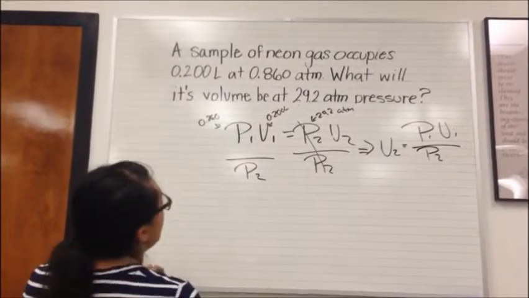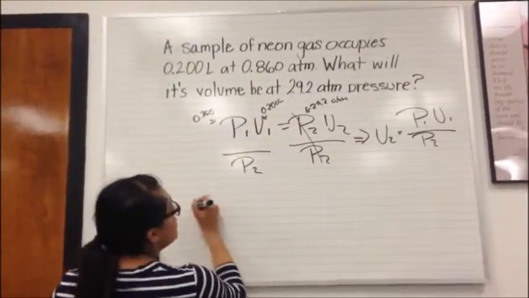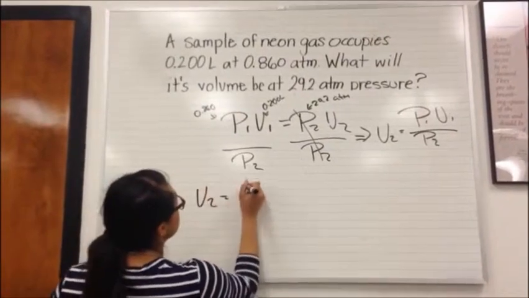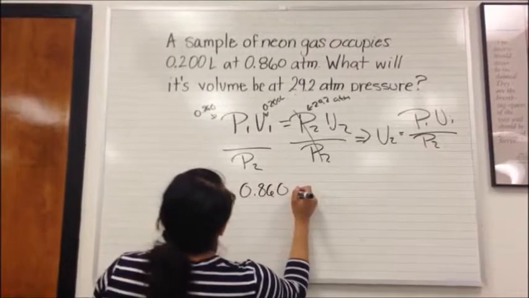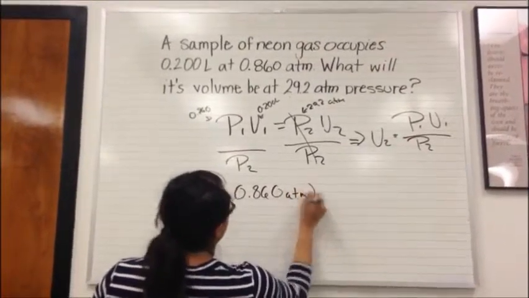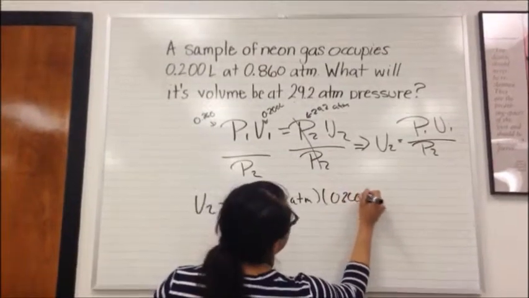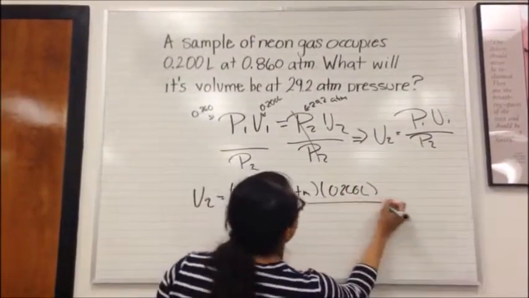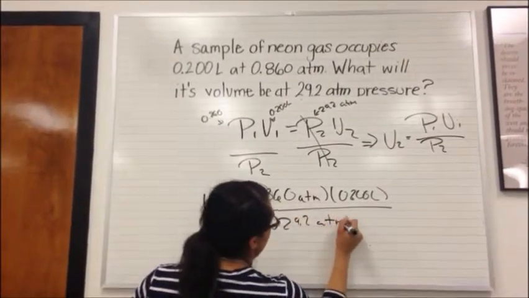Now we need to plug everything into our new equation, which is V2 equals 0.860 atm times 0.200 liters, divided by P2, which is 29.2 atm.